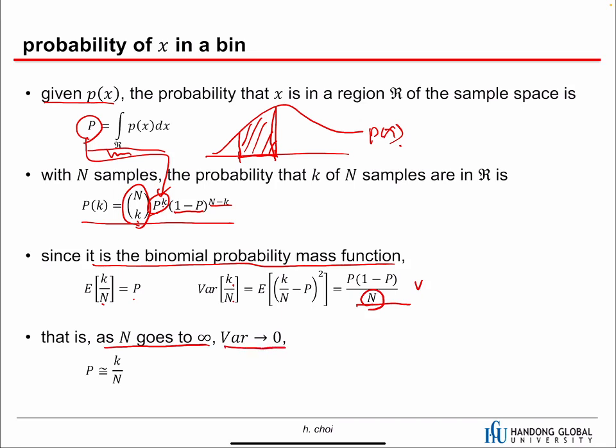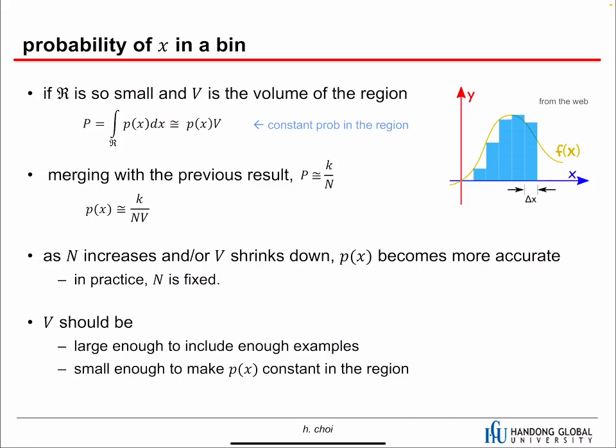Then when the variance is 0, p is k over n. So approximately we can say p is k over n. And then if R is really small and V is the volume of the region, then we have this equation.